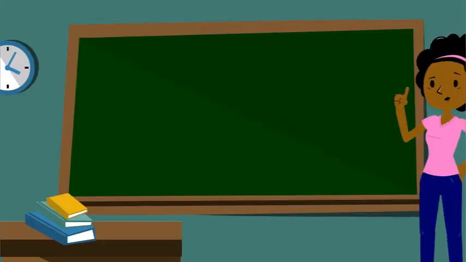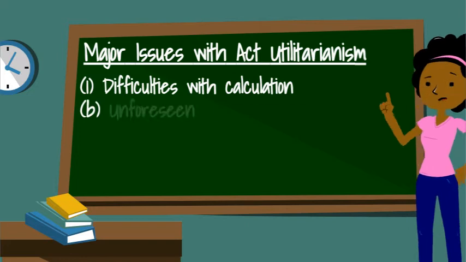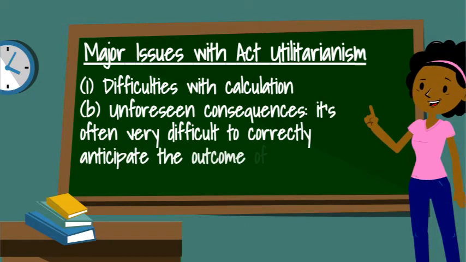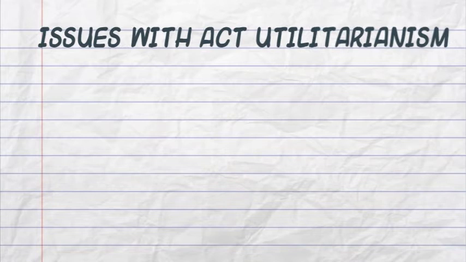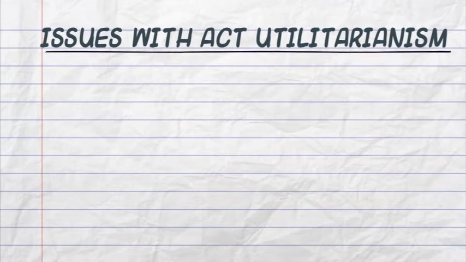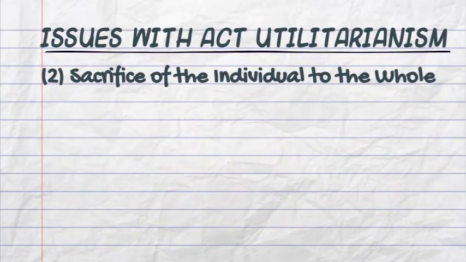I'm sure you have all had experiences where you were very surprised at the consequences of some action you took and hadn't anticipated those consequences at all. So it can be quite difficult to accurately do that utility calculus because there's a lot of uncertainty embedded in each of the steps. The other major issue is the sacrifice of the individual to the whole.